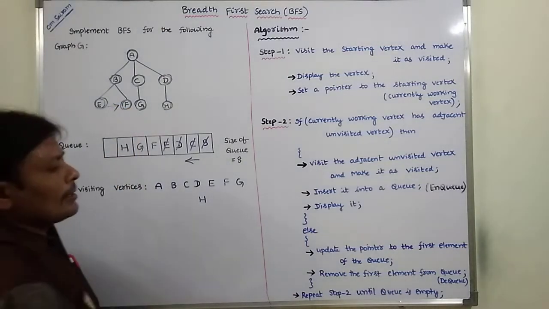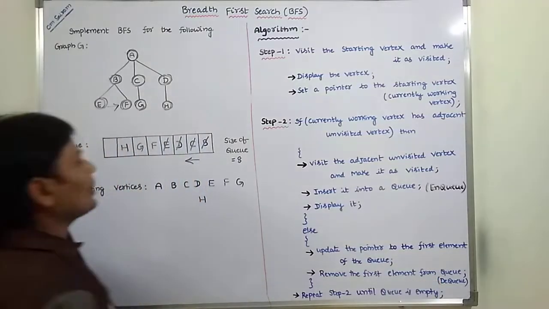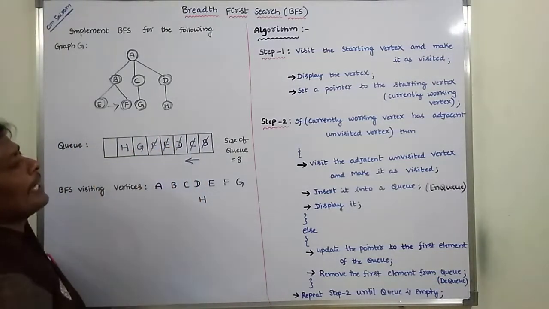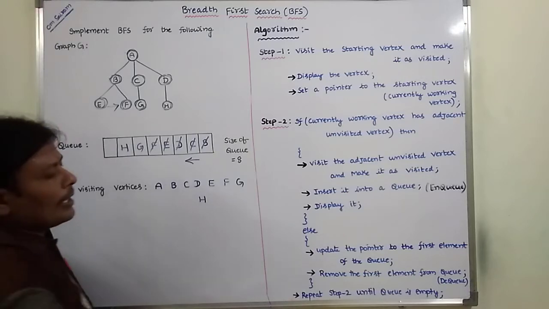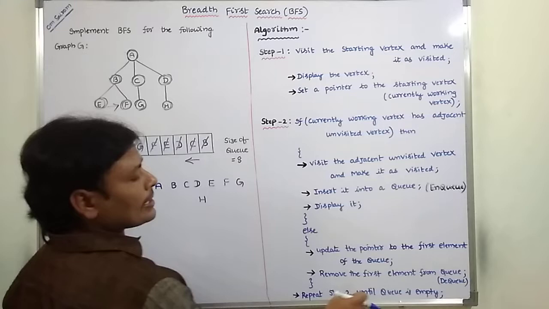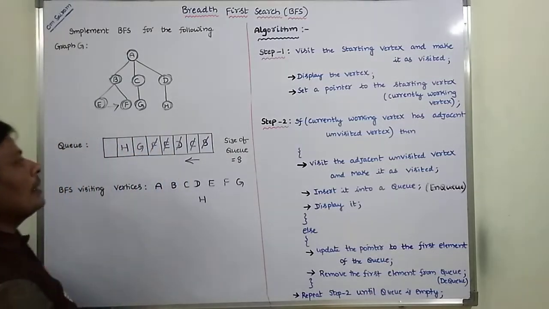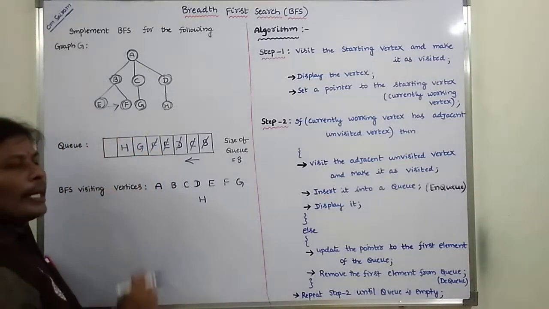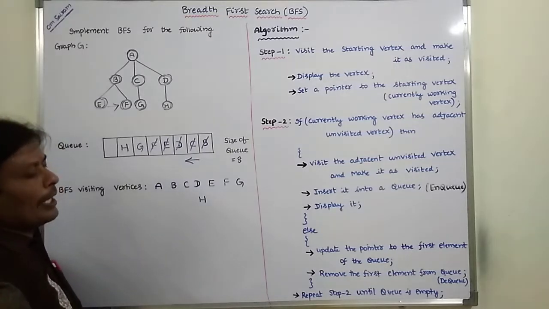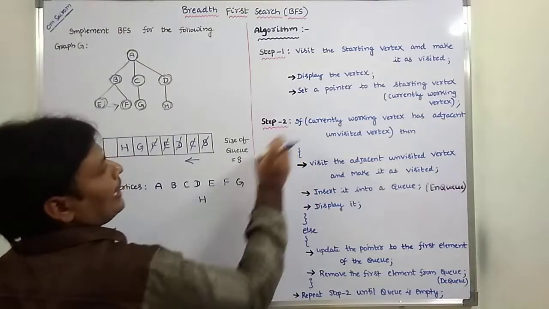Next, remove the first element from the Q. What is the first element in the Q? That is F. F can be removed. After performing this step, go to this step. Repeat step 2 until Q is empty. Q is not empty because it contains two vertices, H and G. So then go to step 2.